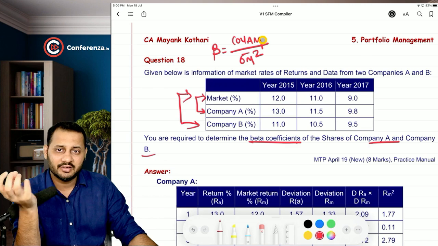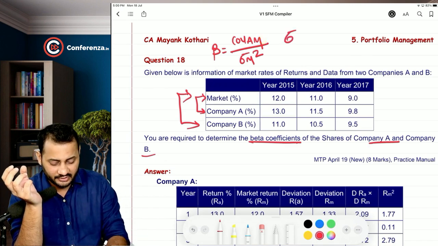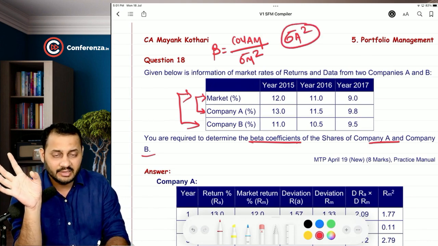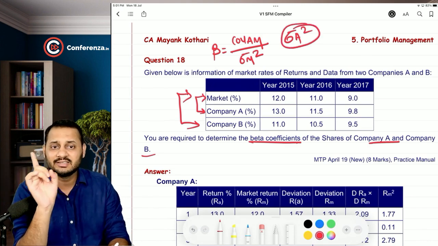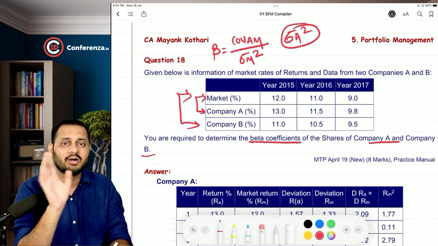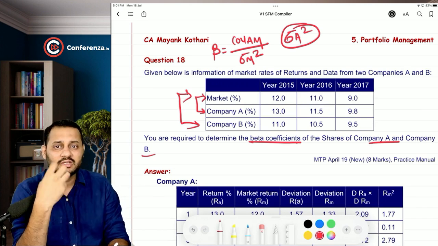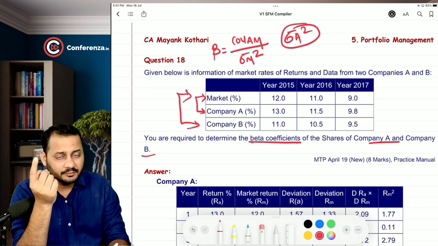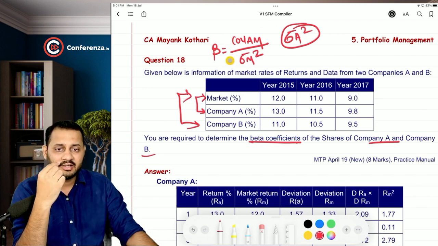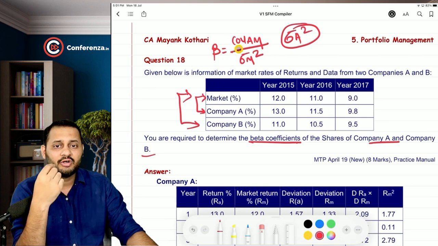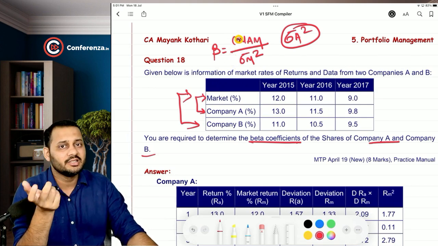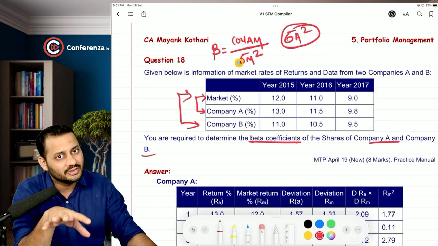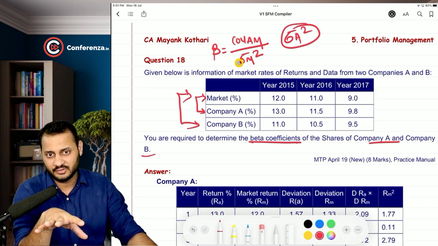Don't take standard deviation of A square or the variance of A square. This is independent variance, not against the market. We want to find out the variance of the stock with the market. That is in the numerator. So the entire market's risk is here, and the stock's risk with the market is in the numerator. That is variance, so the numerator is also variance and the denominator is also variance. Understood?